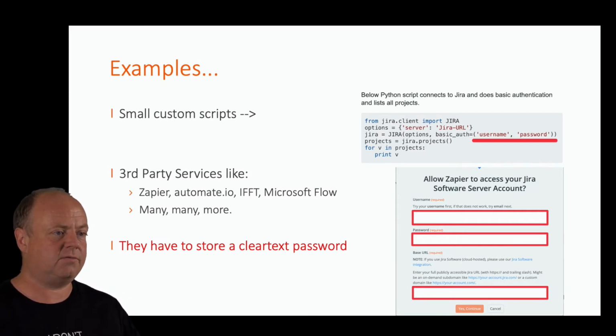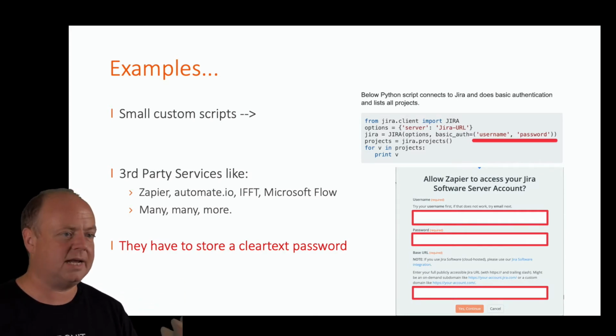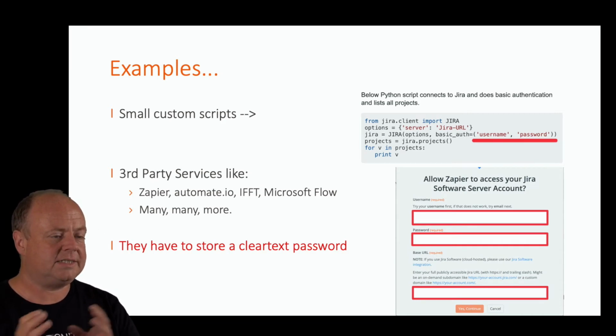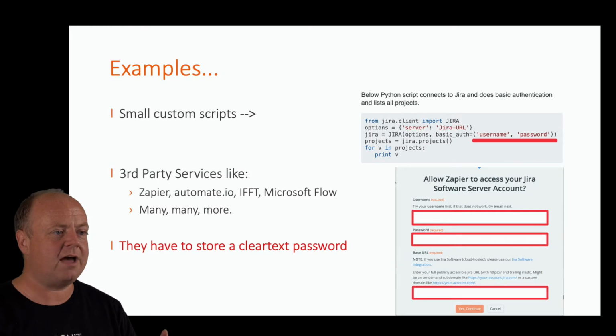If someone enters this password, you can apply the same logic again and compare the resulting hashes. But since these services have to create this authorization header, and you've seen that the authorization header contains your password in clear text to be transmitted to the Jira or Confluence server, they actually have to store it either in clear text or at least in a reversible encryption. And I think that is quite important to note.